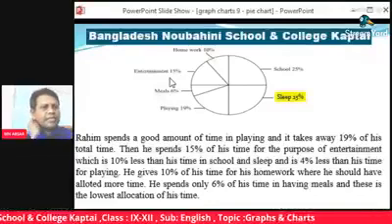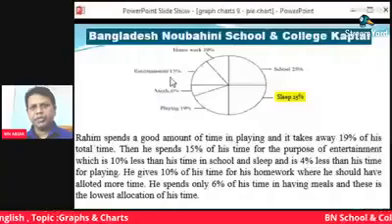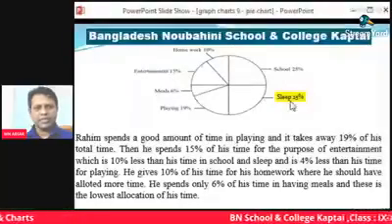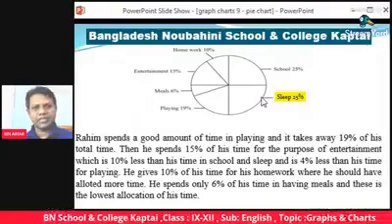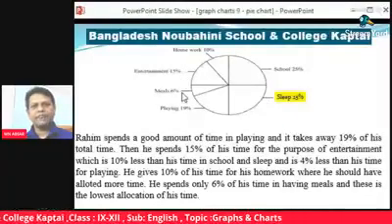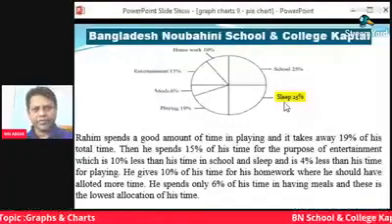That's why the difference is 10%. That means it is 10% less than the time for sleeping and schooling. Okay, you can write it this way.